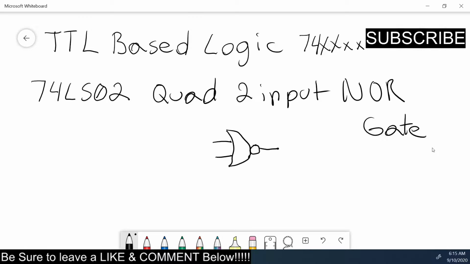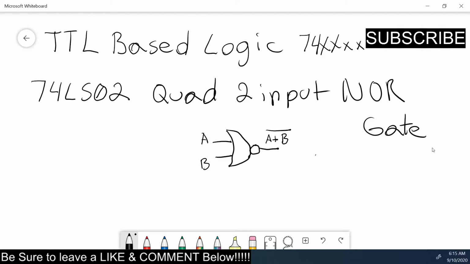It has 4 of these gates on there. So you have A, B, and the output equals A or B, and it's inverted.